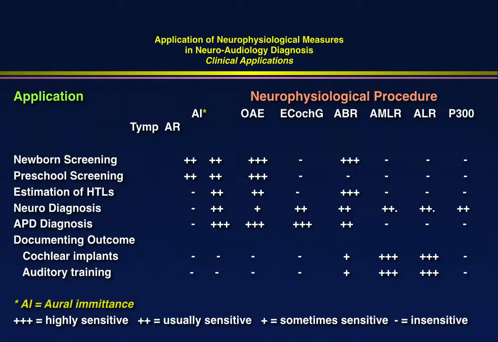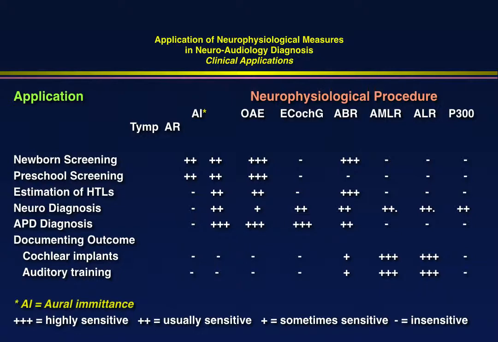This is a similar table, but now we're looking at clinical applications. On the left you see applications, newborn screening, preschool screening, all the way up to documenting the outcome of management with cochlear implants, hearing aids, auditory training, etc. Same concept. We use different responses for different purposes, and we often combine them.